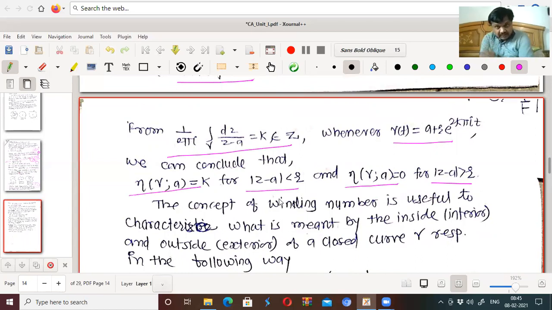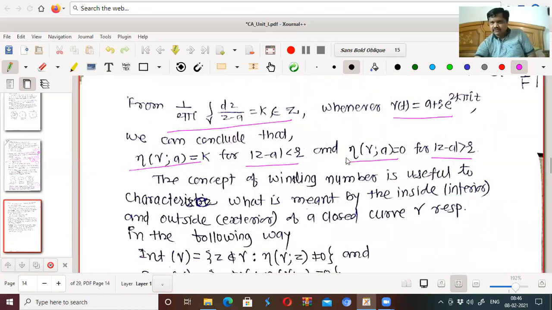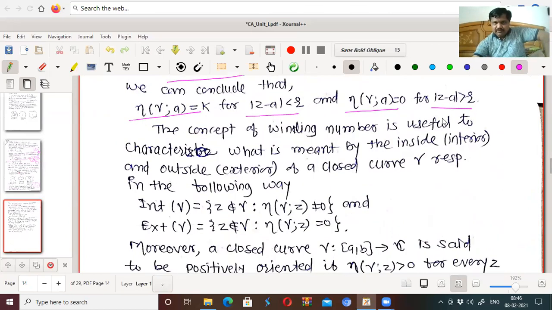That means if your point lies inside that radius, it should be k, and if the point lies outside, then n(γ, a) becomes 0. The concept of winding number is useful to characterize what is meant by the inside and outside.